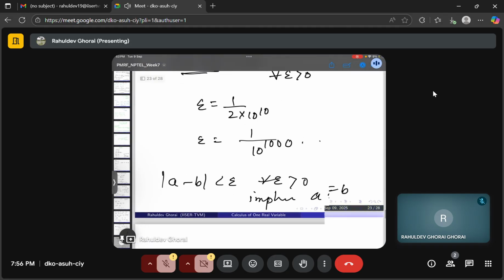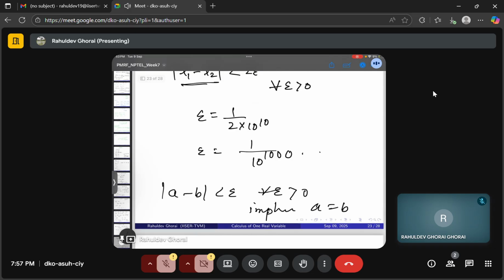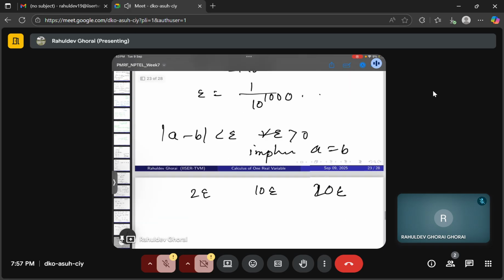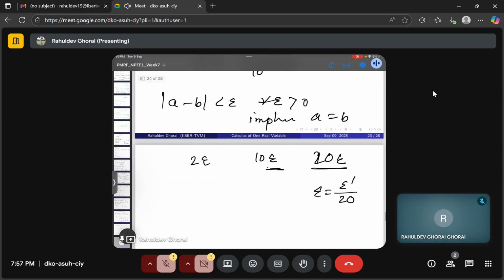Here also instead of epsilon you have 2 epsilon, but things are same. It does not matter whether 2 epsilon or 10 epsilon or 20 epsilon; you can make epsilon equal to epsilon prime by 20, and that epsilon prime is any number greater than 0, right?